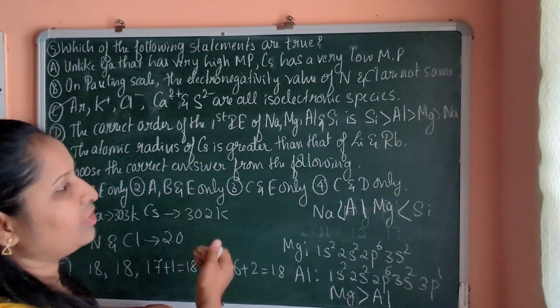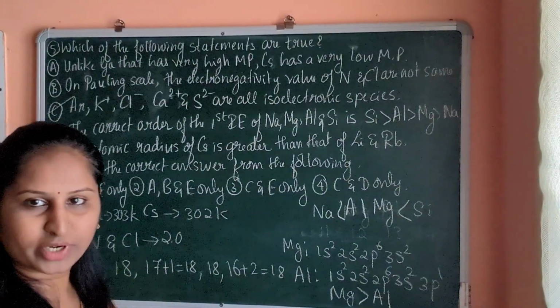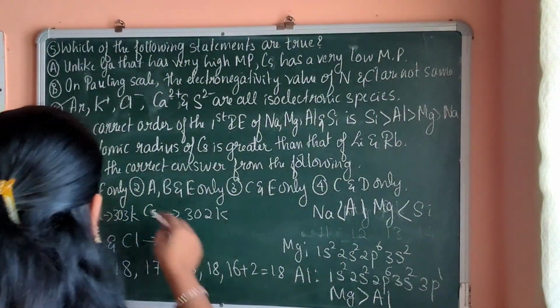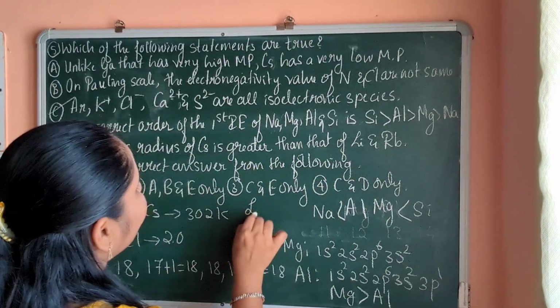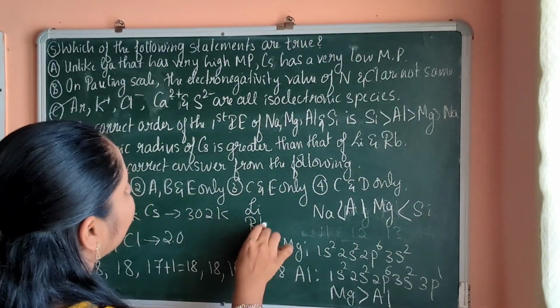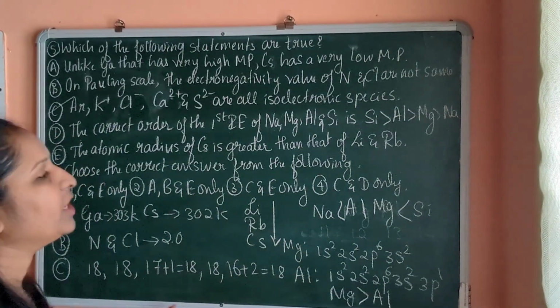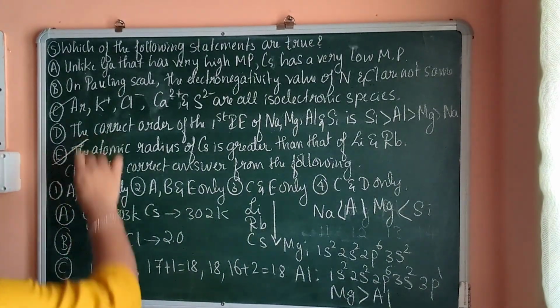As we move from left to right of the periodic table, the atomic radius decreases. So here, lithium is there, below lithium comes rubidium, and then comes cesium. As we go down the group, atomic radius increases, and hence this E is also a right statement.